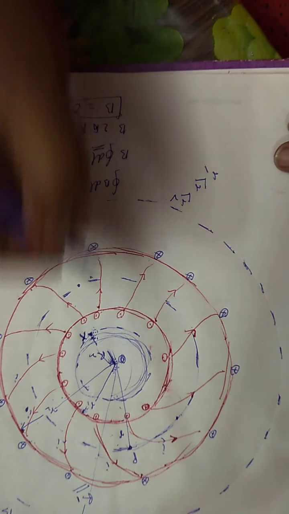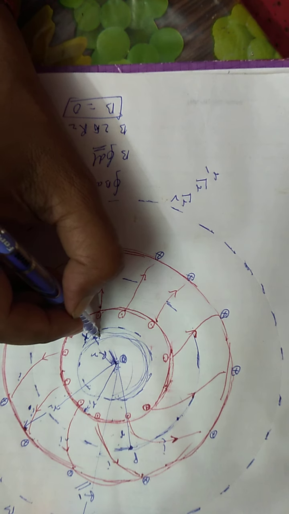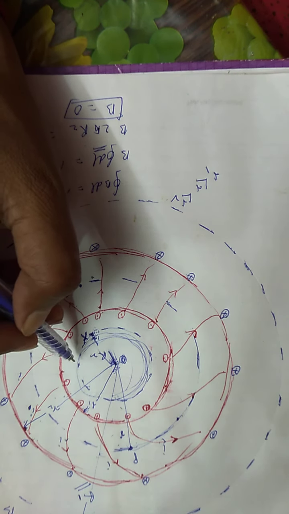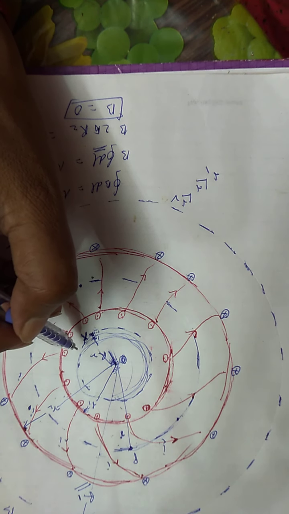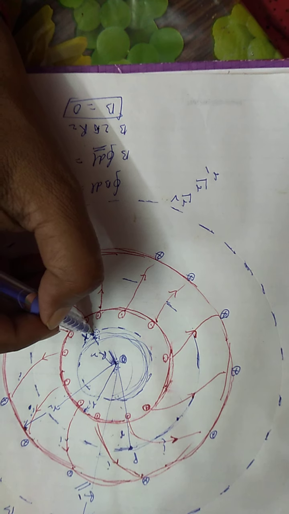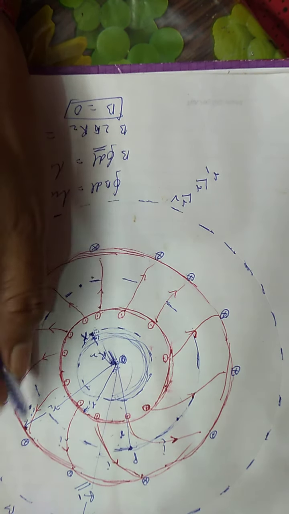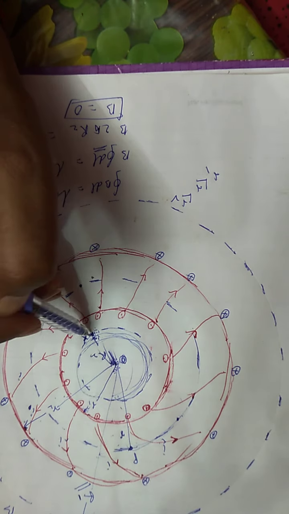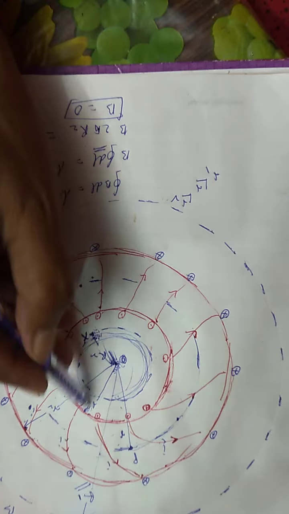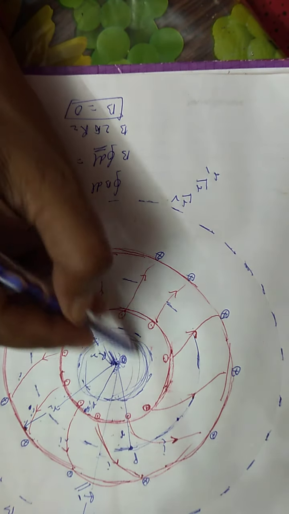So at a point whose distance from the center of this annular structure is less than the inner radius of the toroid, there also the magnetic field is 0.